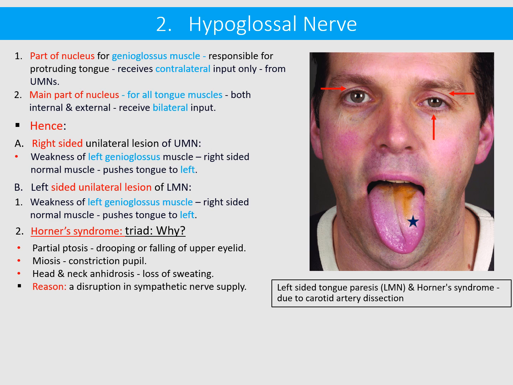Reason being a disruption in the sympathetic nerve supply, and that is because of proximity between the sympathetic trunk and the hypoglossal nerve itself.